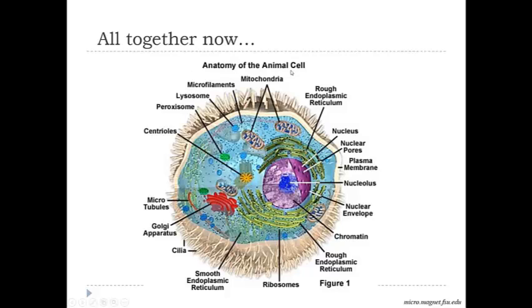So all together now, you should know all of these internal organelles and all of the terminology here on this slide, including some external features which are seen in eukaryotic cells such as cilia.